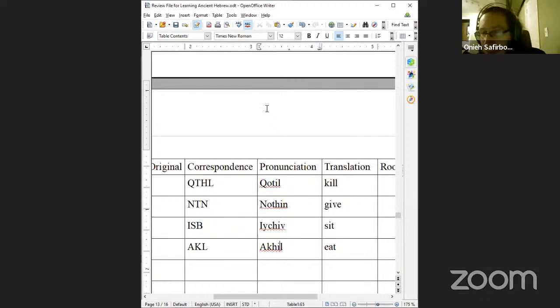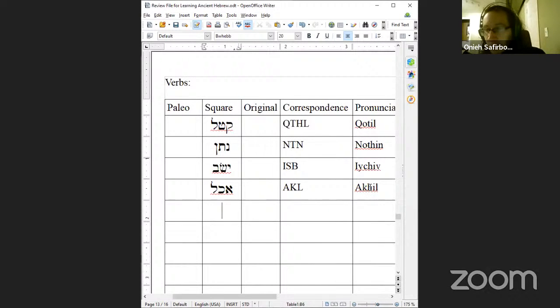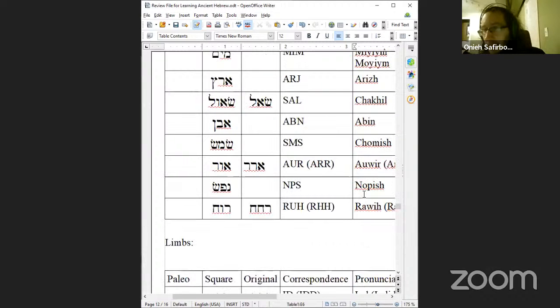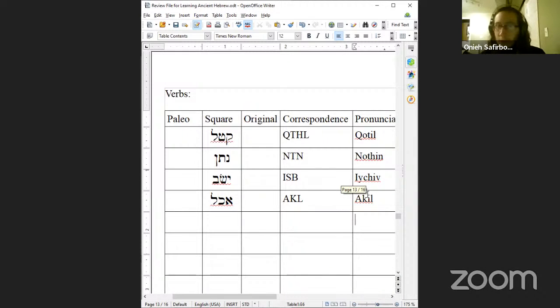Did I do capitals for these other ones? Yeah, they're all capitals. All right, and then let's see, what are some other words?